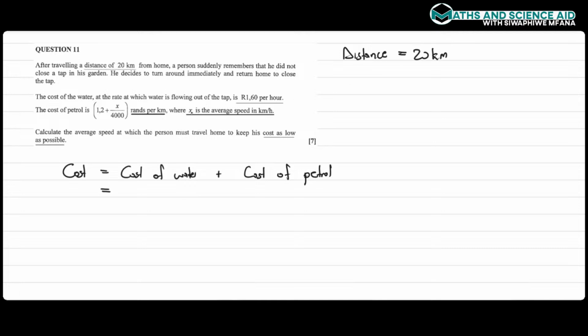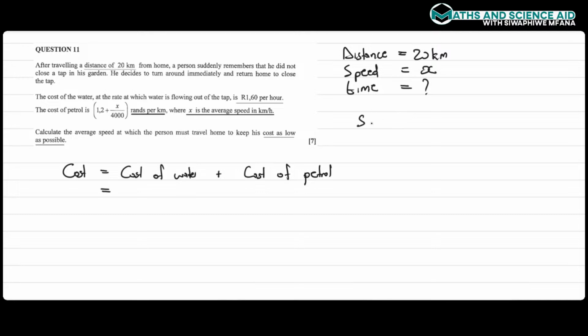And remember, we are told that x is the average speed in kilometers per hour. So his speed is equal to x in kilometers per hour. So how long is he going to take to get home is the question. Yep, it seems like we are doing physics in mathematics.